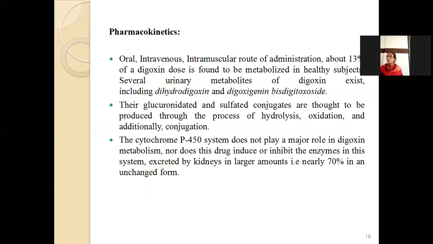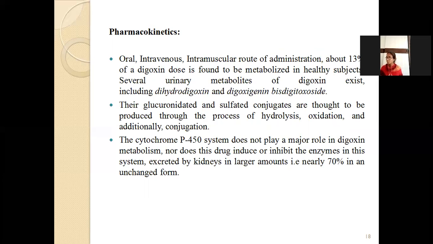Next, pharmacokinetics. The routes of administration are oral and intravenous. It is metabolized in the liver. About 13% of the digoxin dose is found to be metabolized in the liver, and several urinary metabolites of digoxin exist, including dihydrodigoxin and digoxigenin bis-digoxitose.